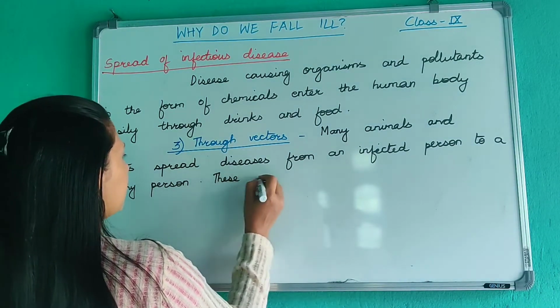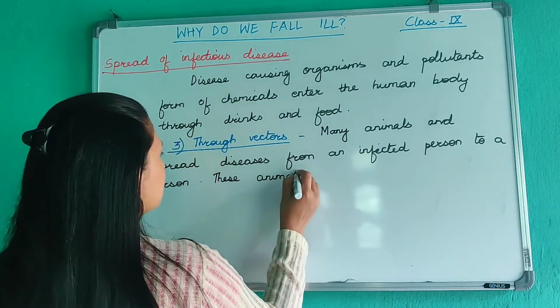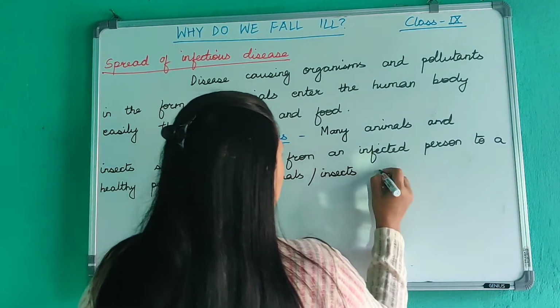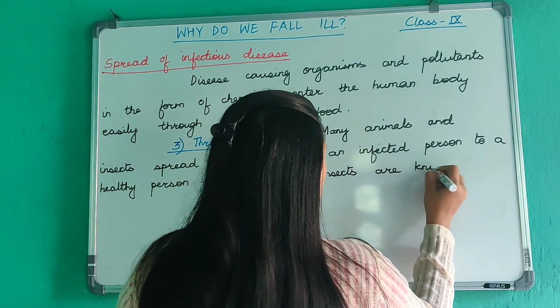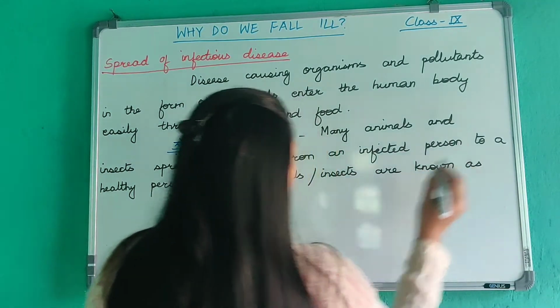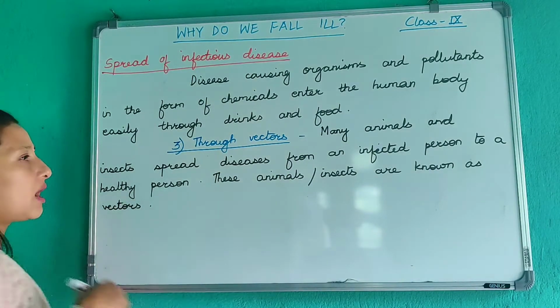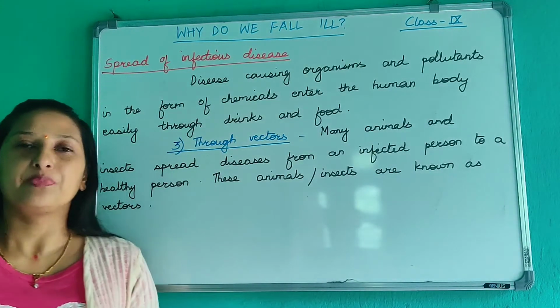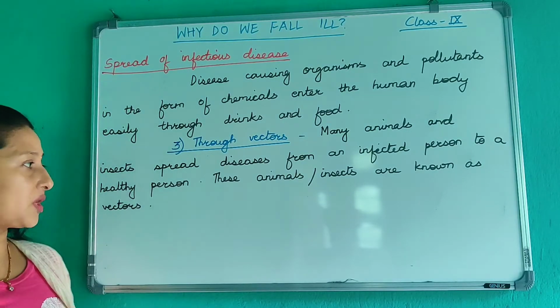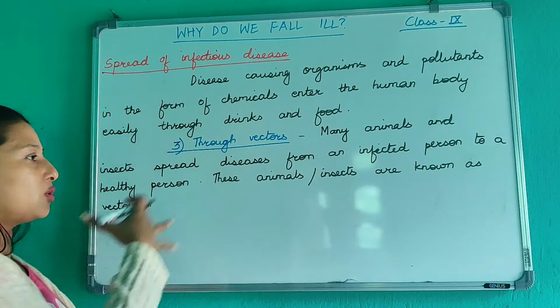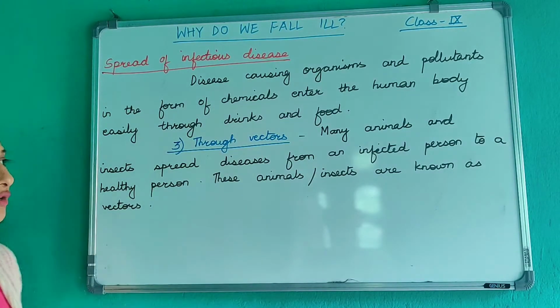These animals or insects are known as vectors. For example, vectors are houseflies, mosquitoes, bed bugs, or in some cases mice, or even dogs and cats can also be vectors of a number of diseases.